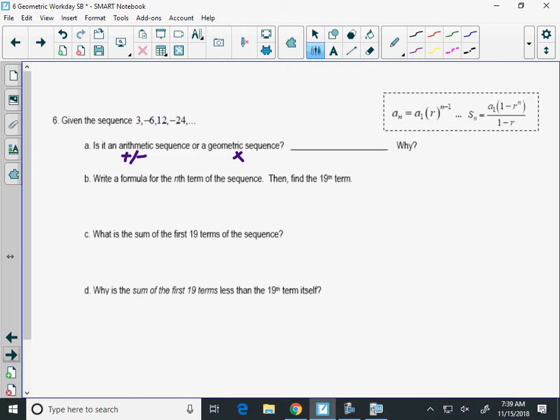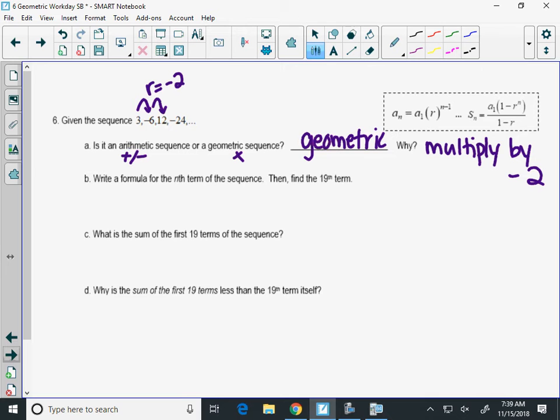And it looks like to get from 3 to negative 6, I'm sorry, and negative 6 to 12, I'm going to be multiplying by negative 2. So this is a geometric sequence. Again, because you multiply by negative 2 every time in order to get the next term.